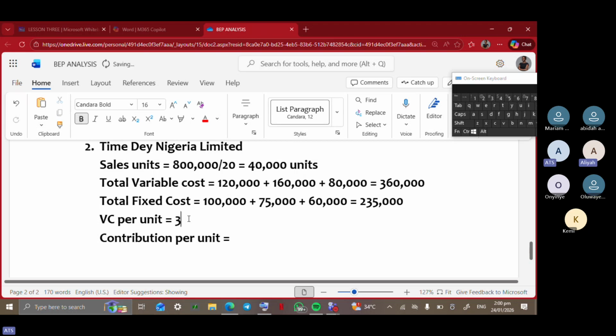That's 360,000 divided by 40,000, which is 9 naira. And then what will be your contribution per unit if your selling price per unit is 20? It's 11 naira.